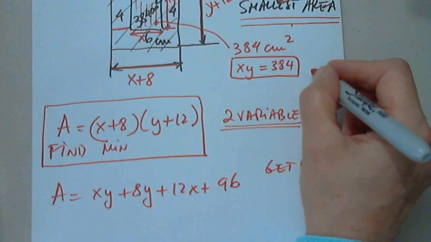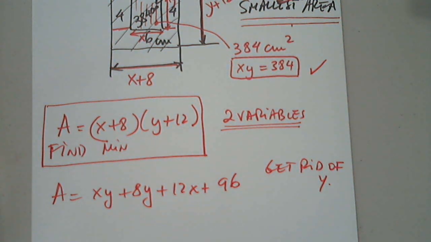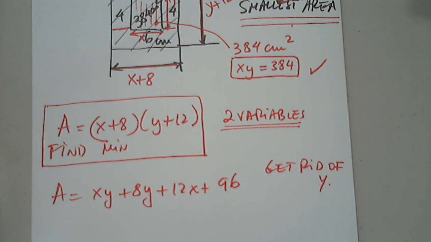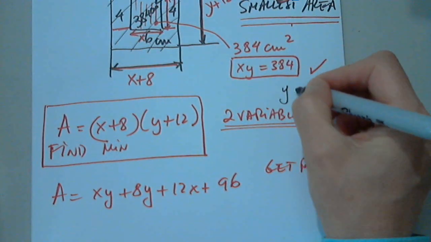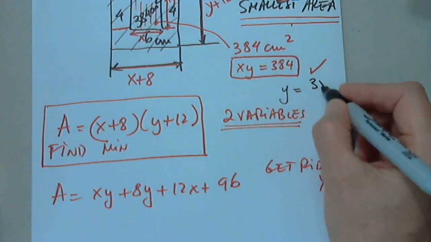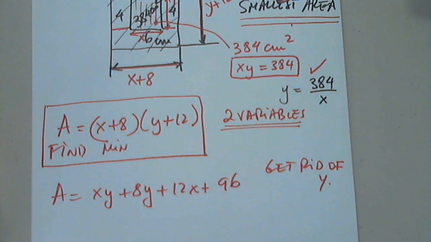That's why they're giving us this, so we can get rid of y. How do I get rid of y? Y equals 384 over x. Just take that and plug it in. Exactly.